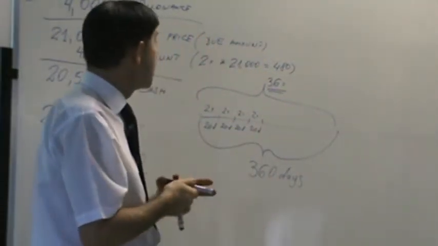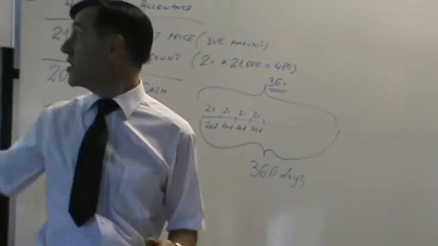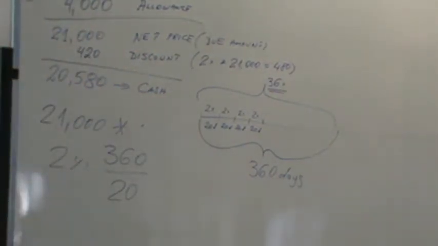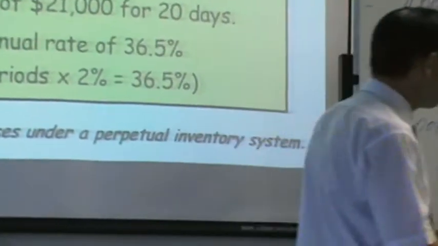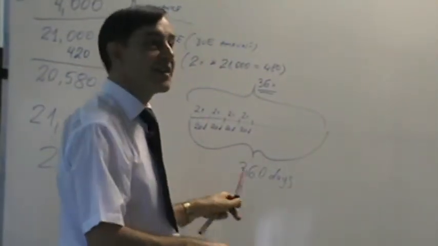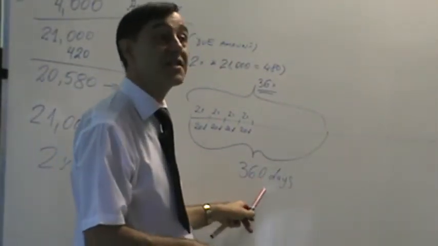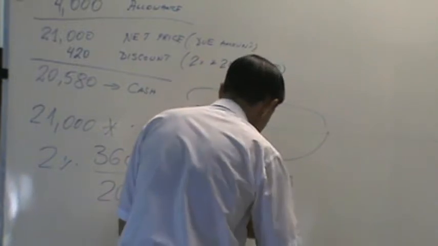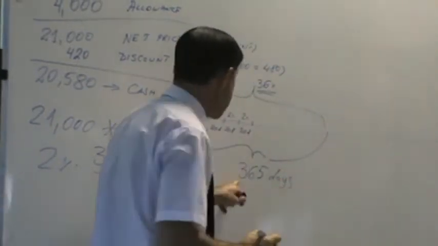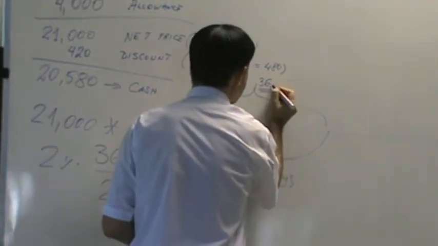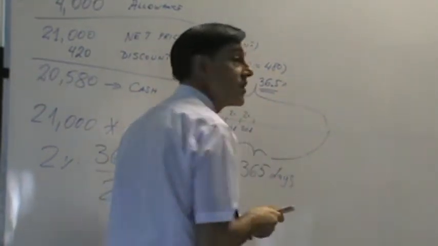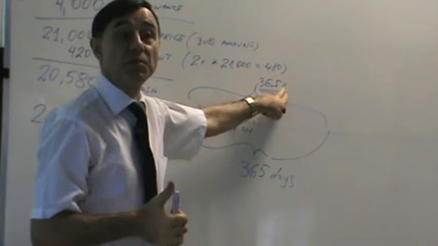Okay? 36%. And here the calculation is 36.5. Why? Because they say the year is not 360 days, the year is 365 days, and 365 days will mean 36.5%.